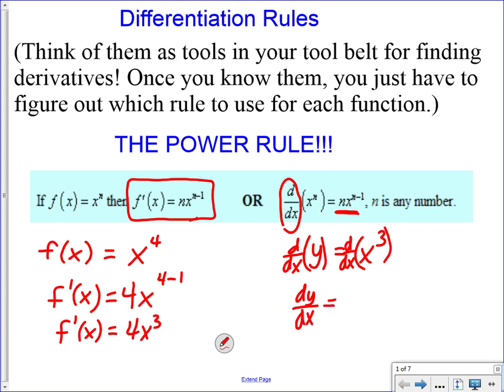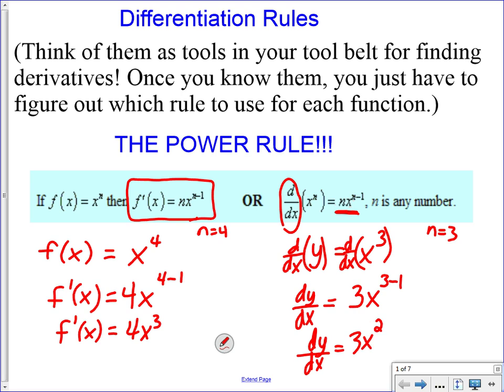And then you actually perform the operation on the right side. So the derivative of x cubed is going to equal 3 times x to the 3 minus 1. In this case, your n is 3. Over here, your n was 4. And then we can simplify that, and we get dy over dx equals 3x squared.